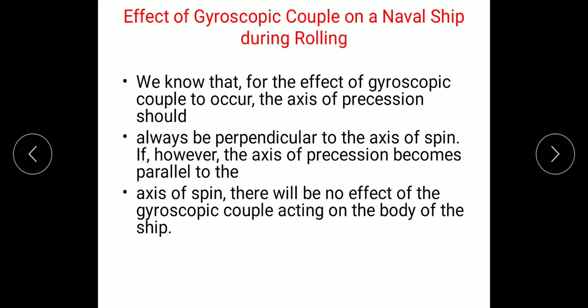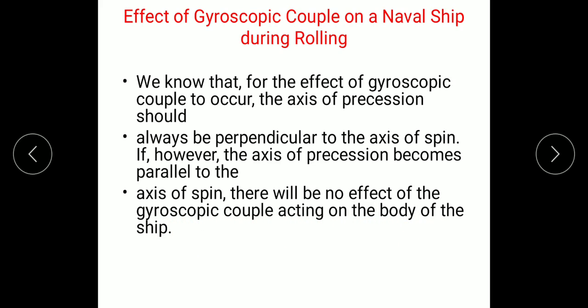When considering rolling, the axis of precession and axis of spin act on parallel axes. When they act on parallel axes, there is no gyroscopic effect. We know that for the effect of gyroscopic couple to occur, the axis of precession should always be perpendicular to the axis of spin. If however the axis of precession becomes parallel to the axis of spin, there will be no effect of the gyroscopic couple acting on the body of the ship.